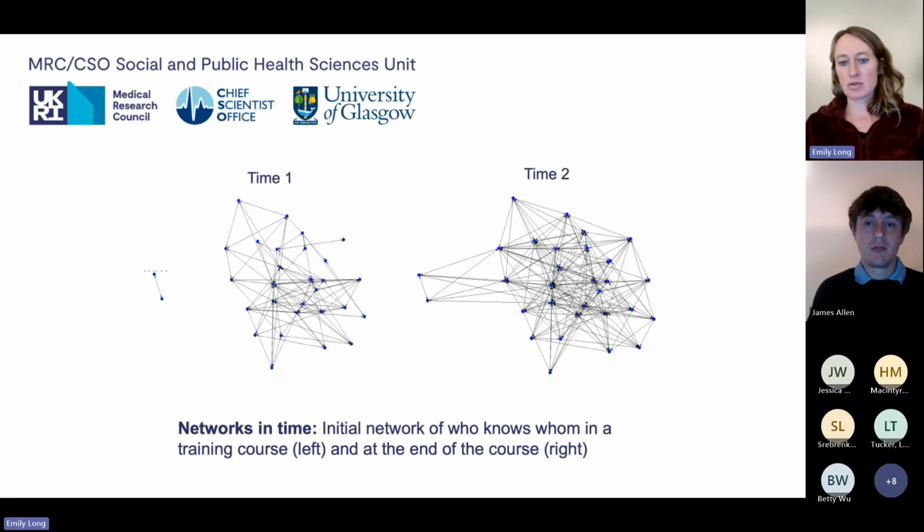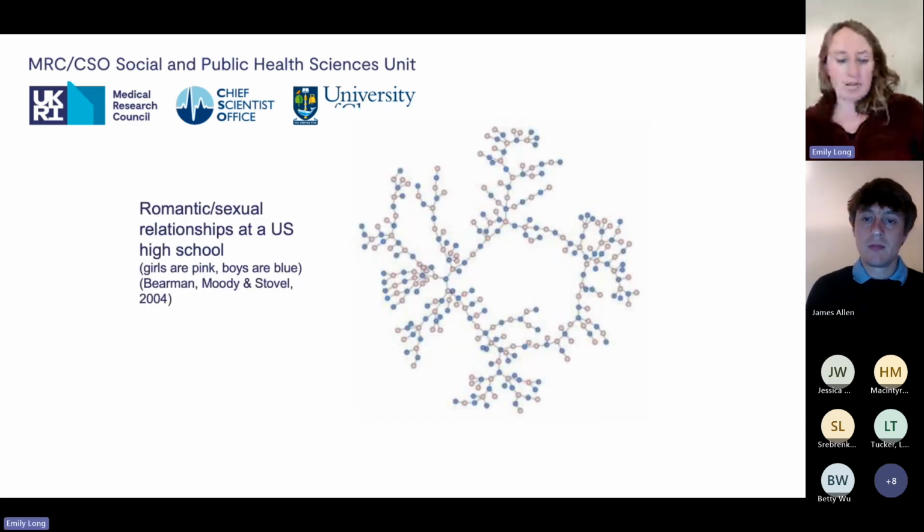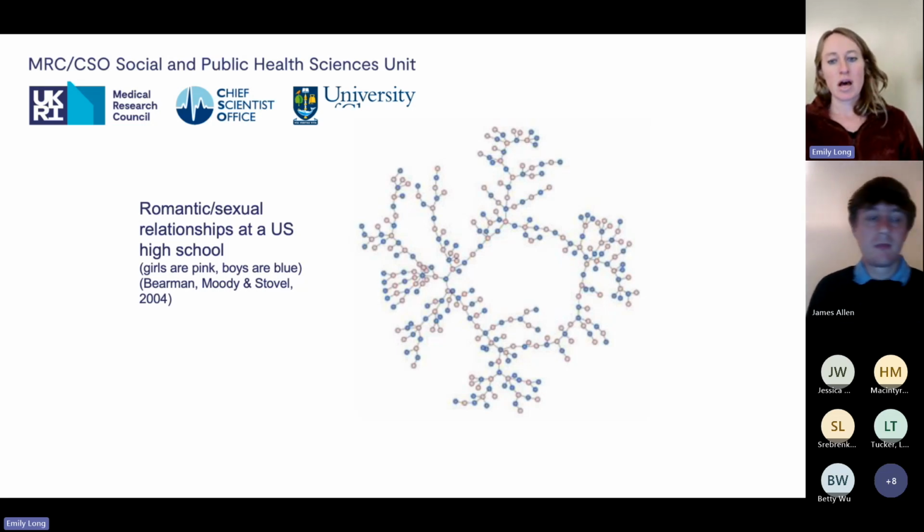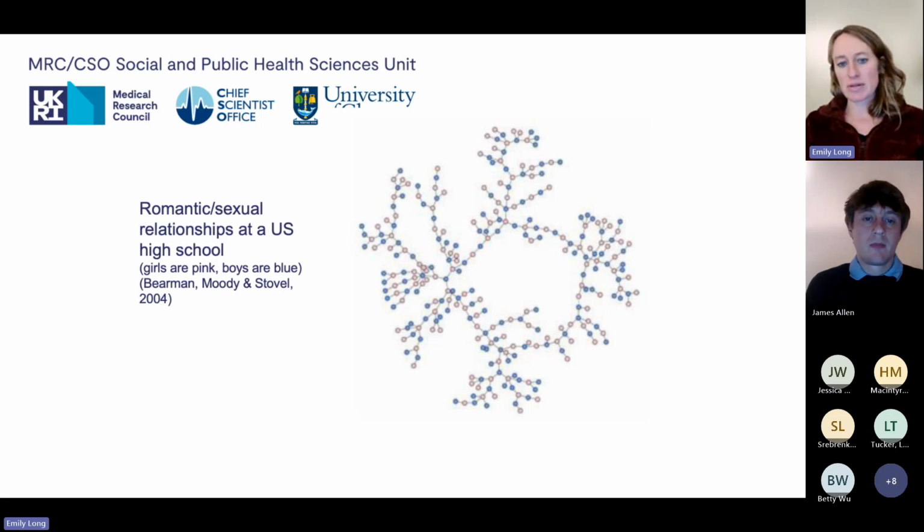You can see that at time two, there are many more relations and the network is more densely connected. There's also a famous study out of the US, one of the first studies I looked at in my social network trajectory, looking at romantic or sexual relationships at a US high school. And this is mapped out here.